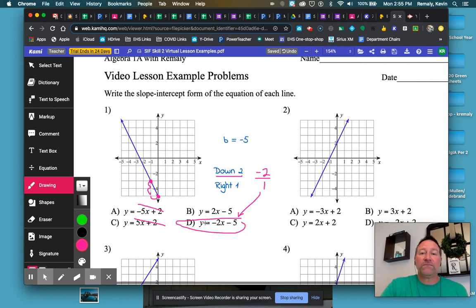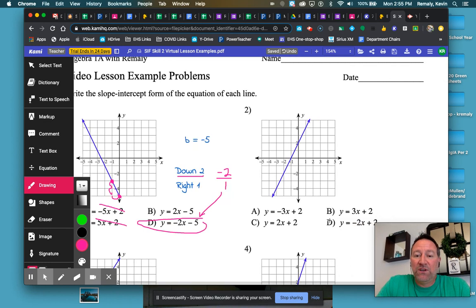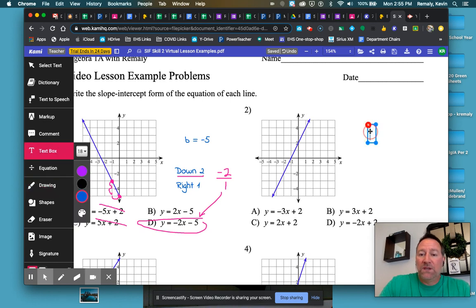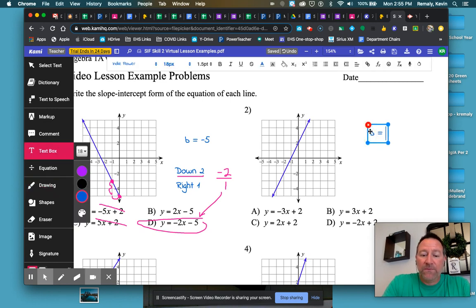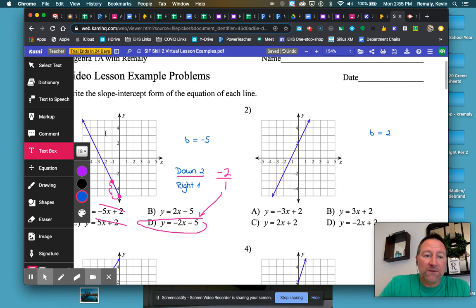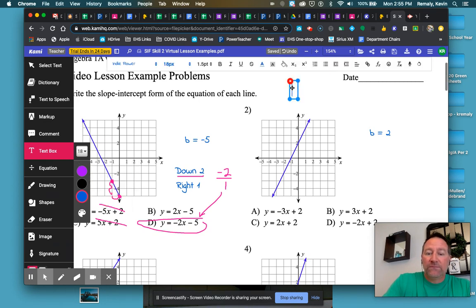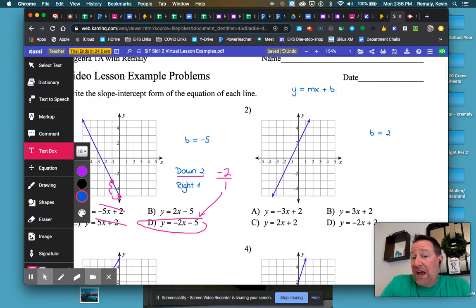All right, zipping over here to number 2, we can easily see that our b value here is +2. All right, so I'm looking for my b values. Remember, we have our formula here, y equals mx plus b, and I can take that everywhere I go because I have our b value at +2.